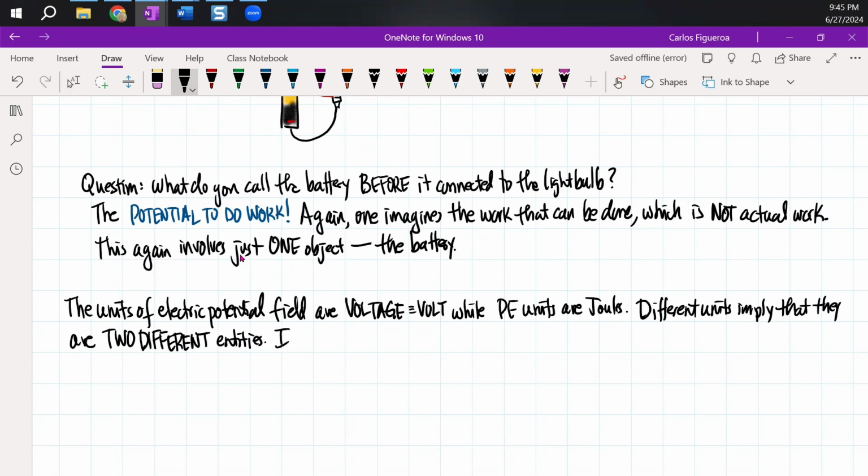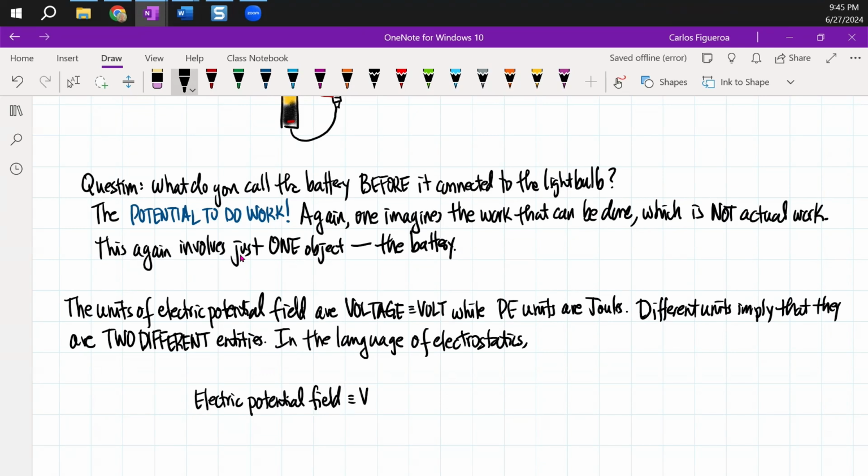So in the language of electrostatics, the electric potential field is typically defined at the undergraduate level as V of r.